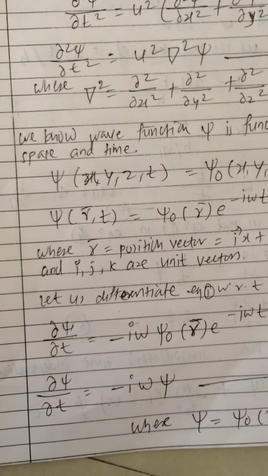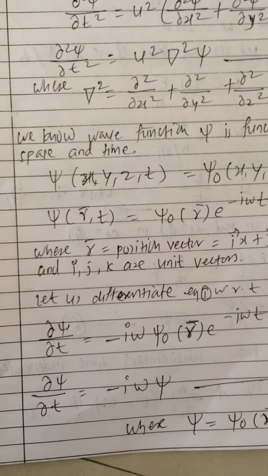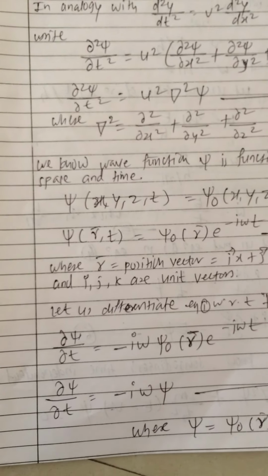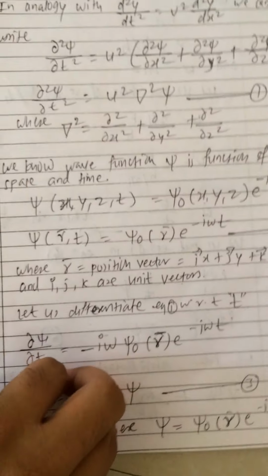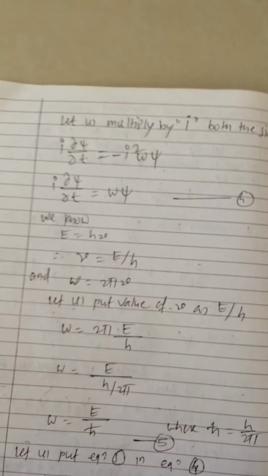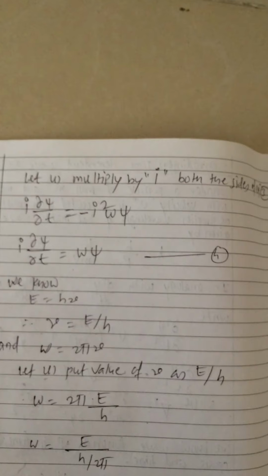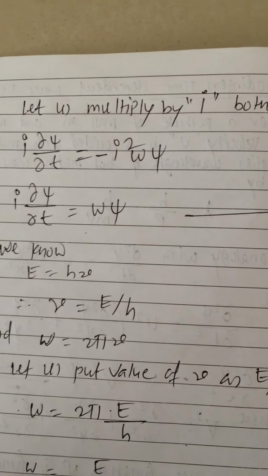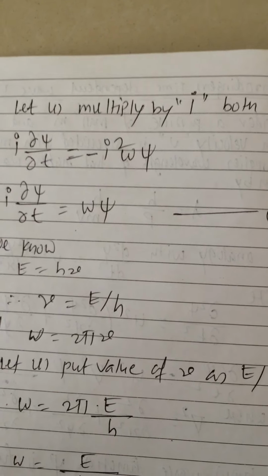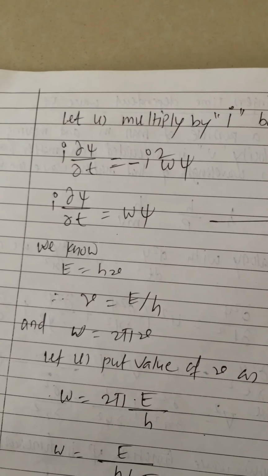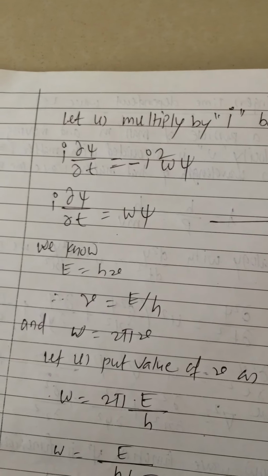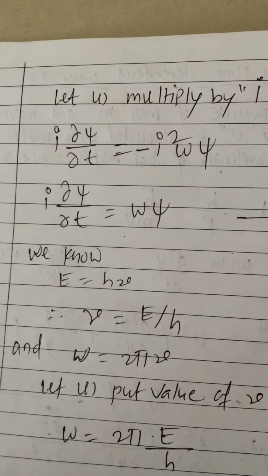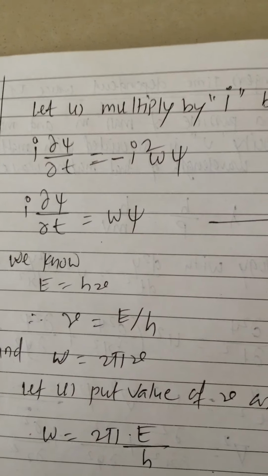So therefore the equation will become ∂ψ/∂t is equal to minus iωψ. Let us multiply this equation by i on both sides. The equation will become i ∂ψ/∂t is equal to minus i²ωψ. Minus i² is nothing but minus minus 1, and minus minus will be plus. So i ∂ψ/∂t is equal to ωψ.